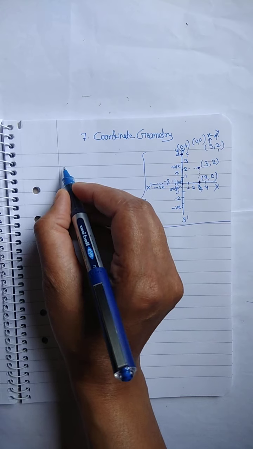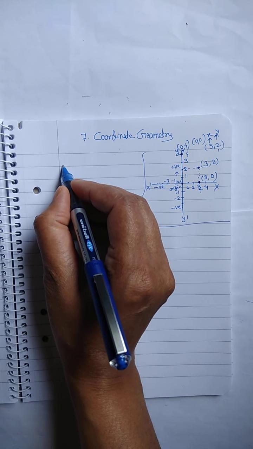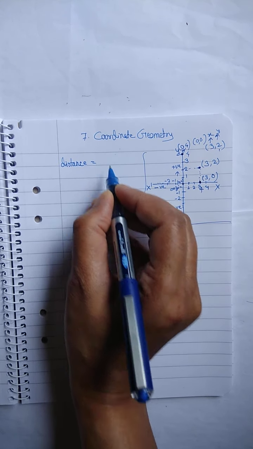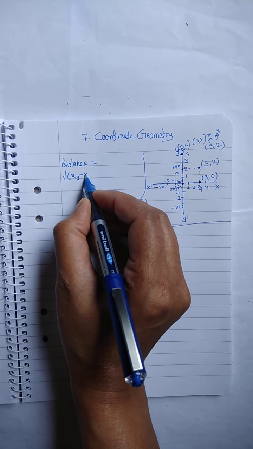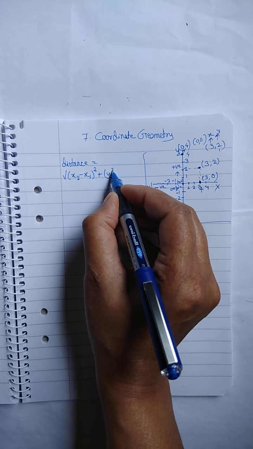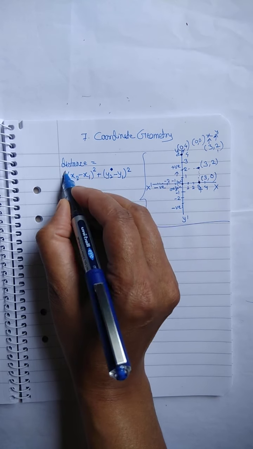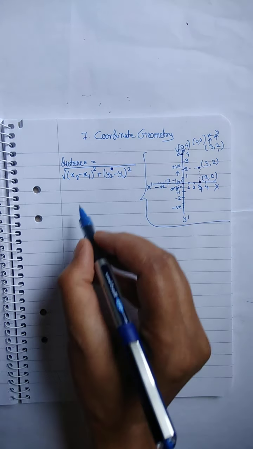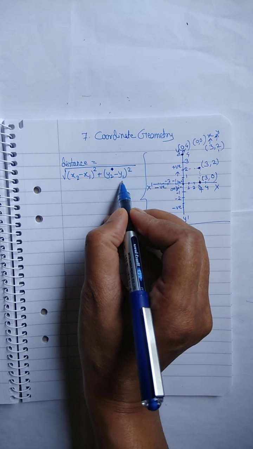And there is one formula to find the distance between 2 points. What is the formula? Distance equals under root x2 minus x1 whole square plus y2 minus y1 whole square. This is the distance formula. So what is x2, x1, y2, y1?